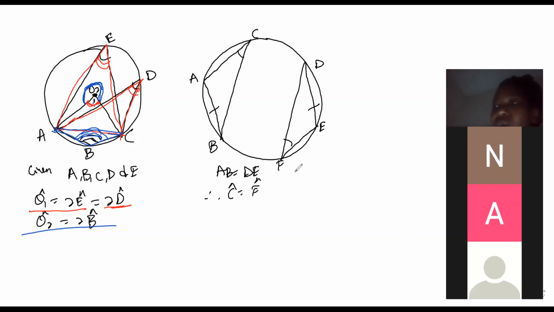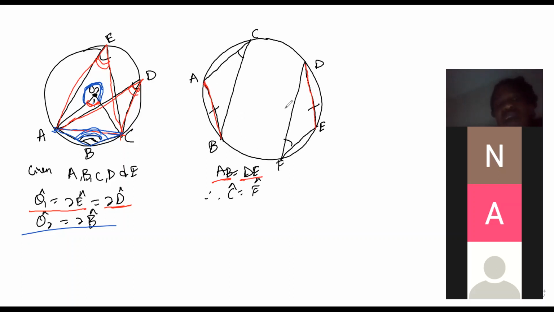Equal chords or arcs subtend equal angles on the circumference of the circle. So you see, this is an arc, right, or a chord. A chord is just a line joining 2 points on the circumference. So this chord is equal to that chord. That's what you are given, that AB is DE.